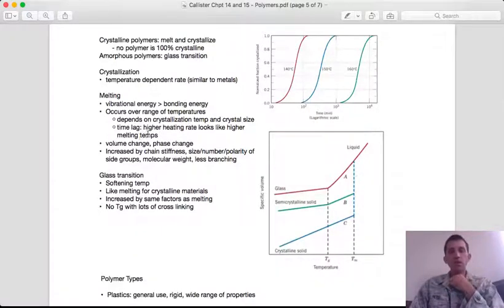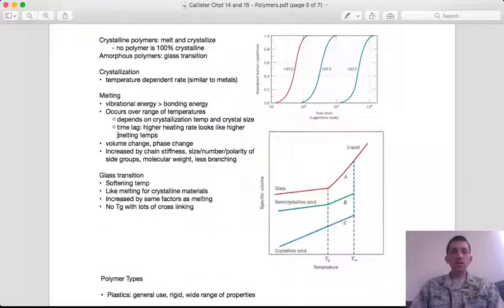If you heat up a material very quickly, it looks like perhaps the melting temperature is changing. That's not true. There's generally a time lag due to the fact that polymers have low conductivity. So when you heat it really fast, you can change the outside environment, or at least the outer layers of your material, but that heat needs to conduct into the interior.